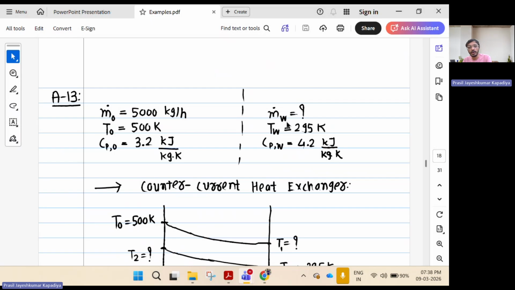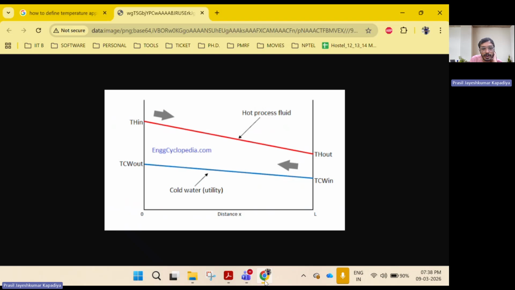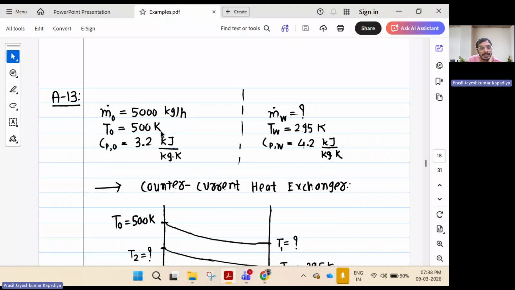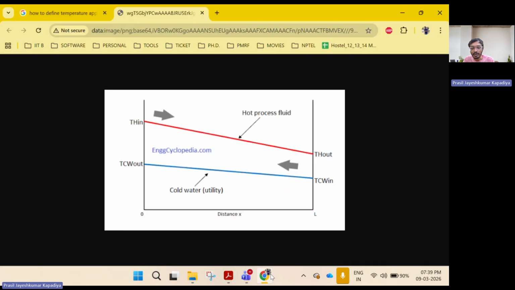I don't know the mass flow rate of water, but I know the temperature of water, that is 295 Kelvin, and I know the Cp of water, that is 4.2 kilojoules per kg Kelvin. Now let's go from TH in to TH out. I know that TH in, the fluid is entering at 500 Kelvin, but we don't know at what temperature it is going out. Similarly, TC in, TC out.